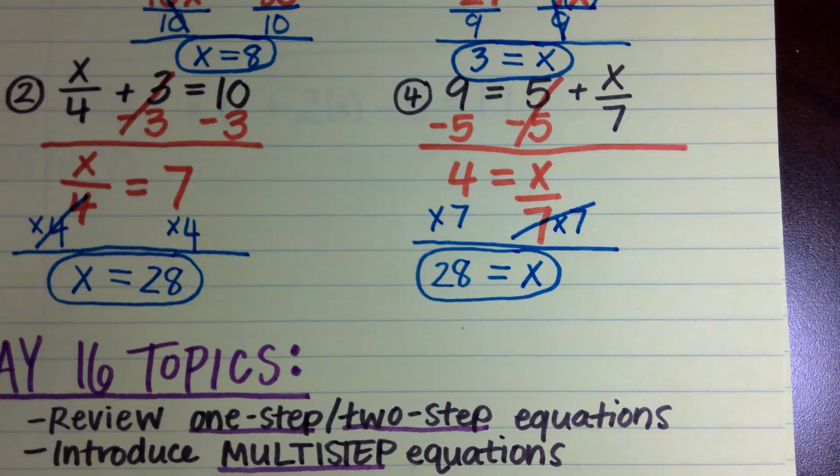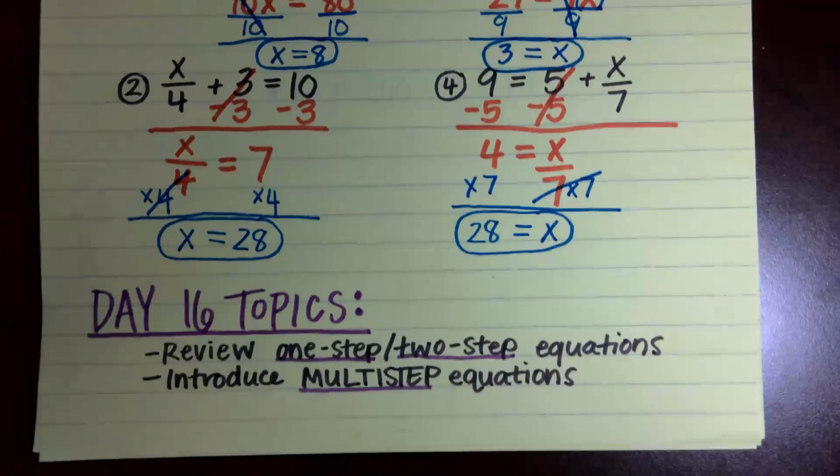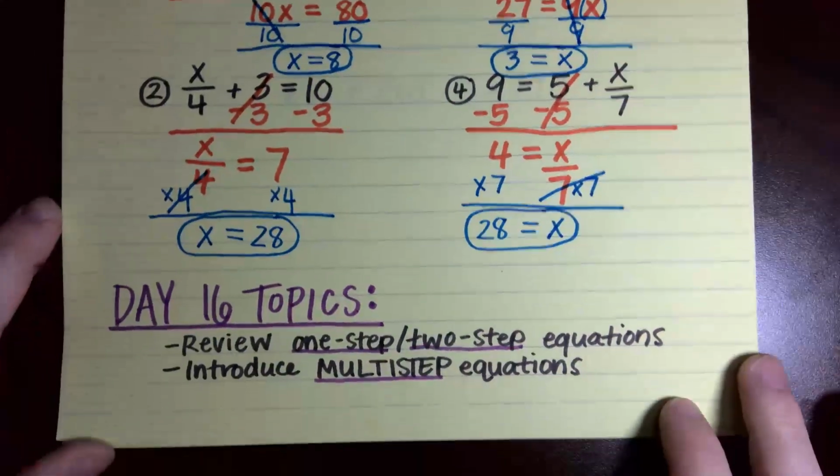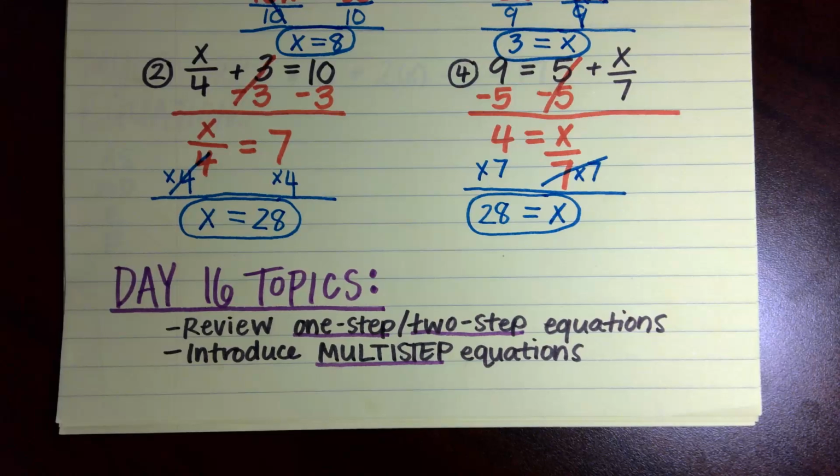Okay. So guys, this is kind of what we're going to be doing today. Here's our topics, and if you still need to write the work down, I'm going to leave that up there for a second. Today we're going to be reviewing our one-step equations and our two-step equations. And then we're going to go one step further today, and we're going to introduce what we call multi-step equations.